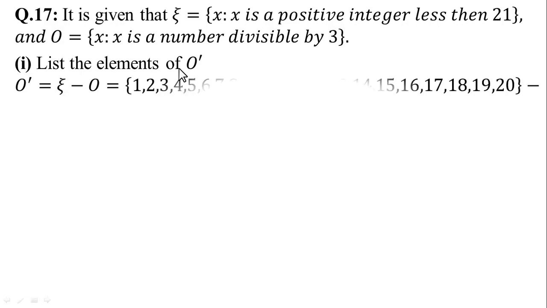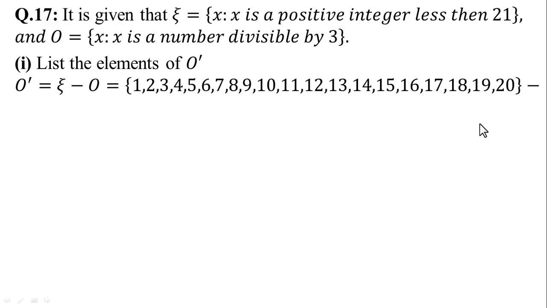Now O complement is equal to the universal set minus O. Write the elements of the universal set, x such that x is a positive integer less than 21: 1, 2, 3, 4, 5, 6, 7, 8, 9, 10, 11, 12, 13, 14, 15, 16, 17, 18, 19 and 20.